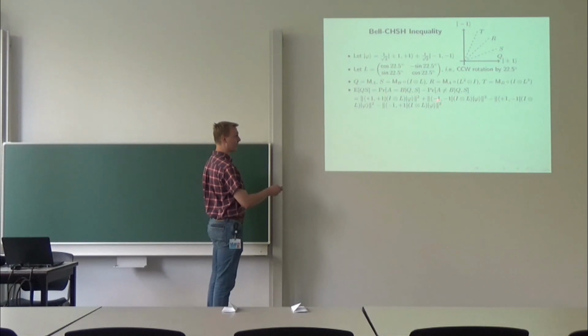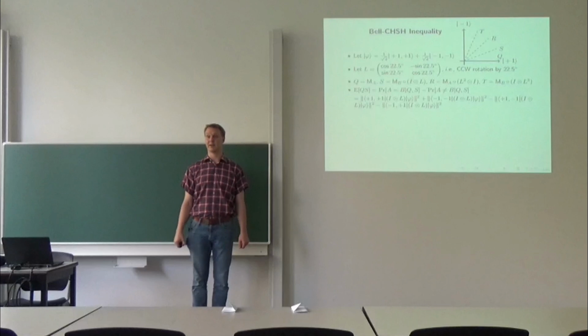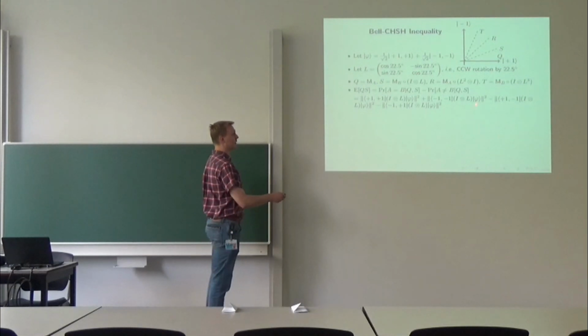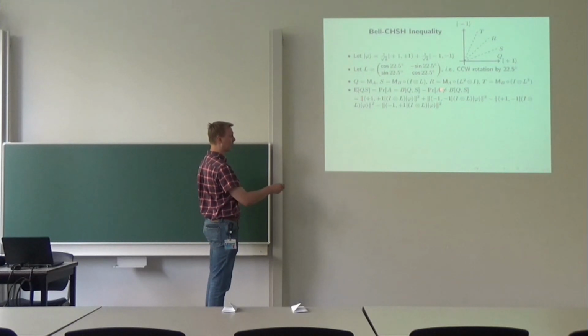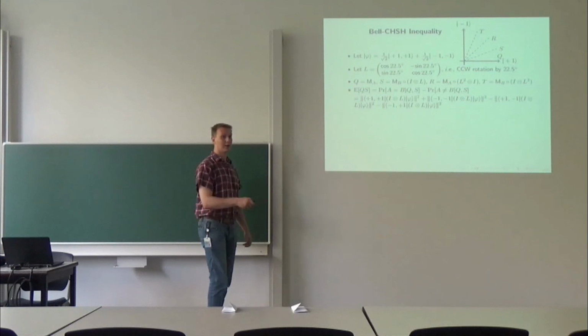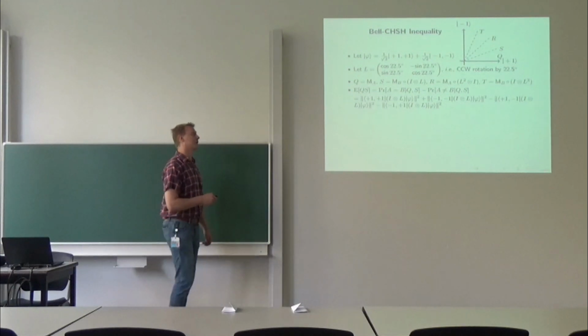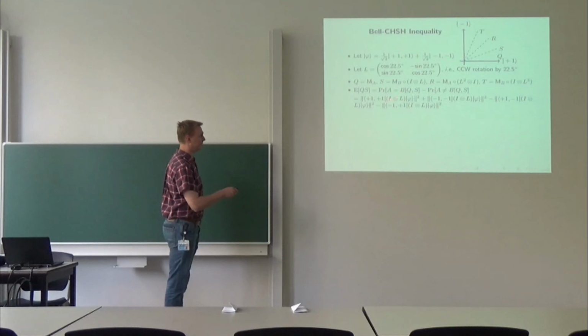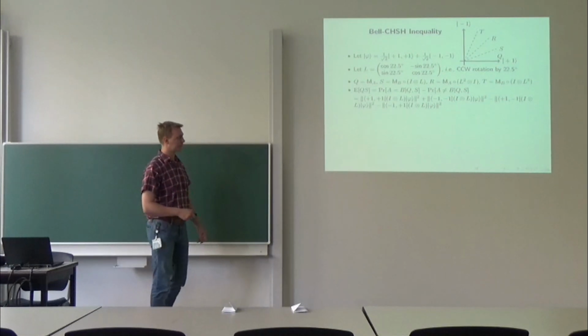But minus 1 will also give you a satisfactory outcome. So once again, you start from the state, apply the computation, take the amplitude of measuring minus 1, square this amplitude, and this gives you the probability, or rather, the expectance value of QS.